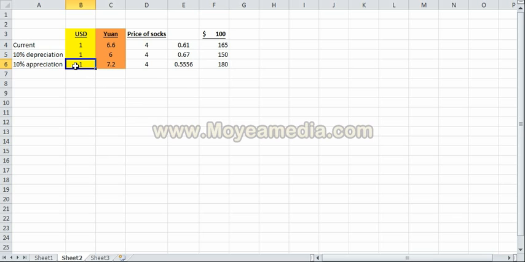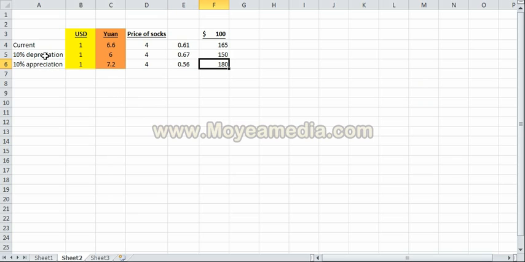Now, with a 10% appreciation of the US dollar versus the Chinese yuan, one US dollar would convert to 7.2 Chinese yuan, meaning it costs approximately 56 cents to buy that package of socks, and then $100 would buy 180 packages of socks for Walmart.